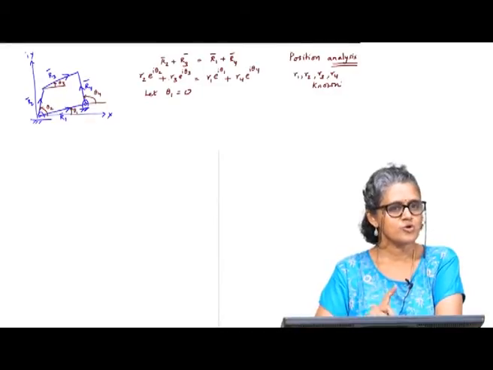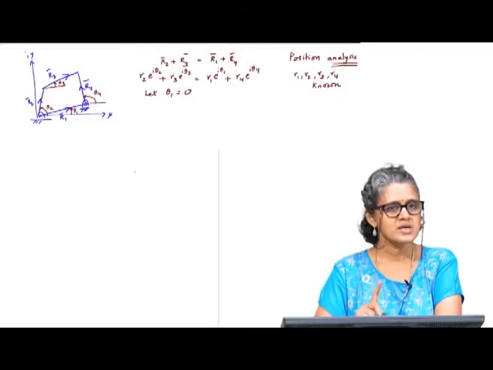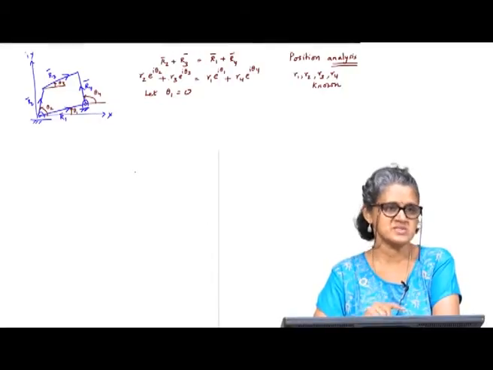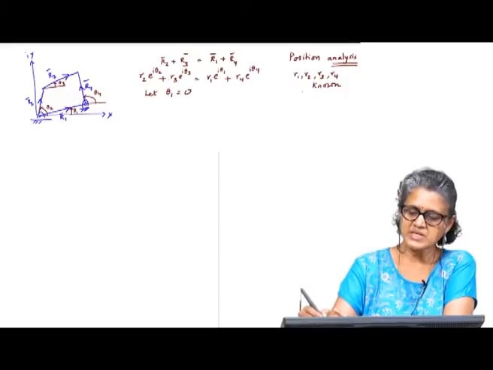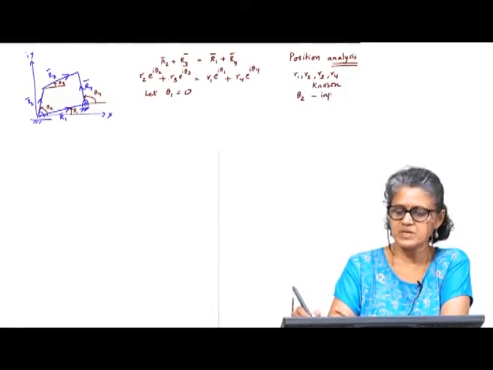The 4 bar linkage has mobility equal to 1, which means if I give it one input, then everything else becomes determined. Typically, theta 2 will be my input.